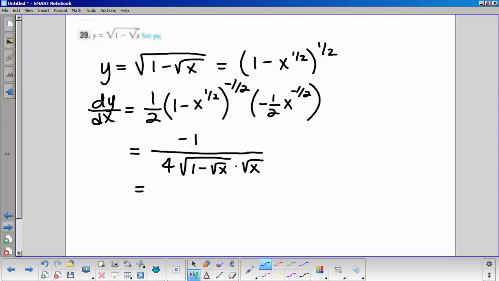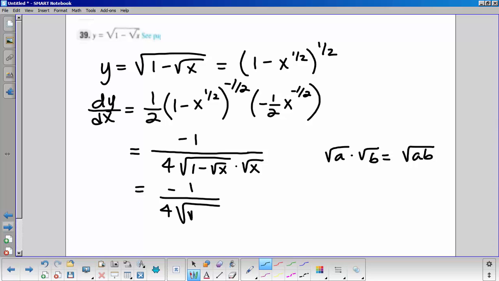Are these the same root in the denominator? Meaning the square root of 1 minus the square root of x times the square root of x. When you have two things that you're multiplying, the properties of radicals say you can multiply it in. So that's going to be the square root of the square root of x minus x.